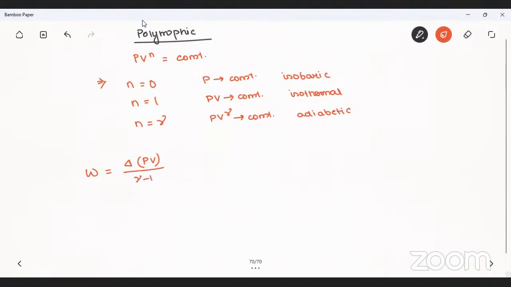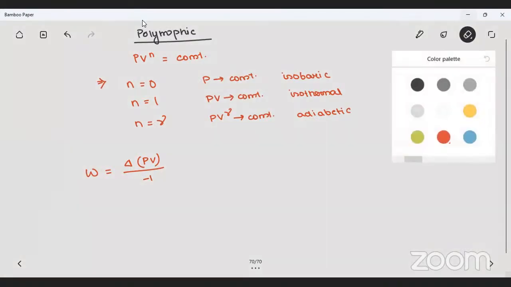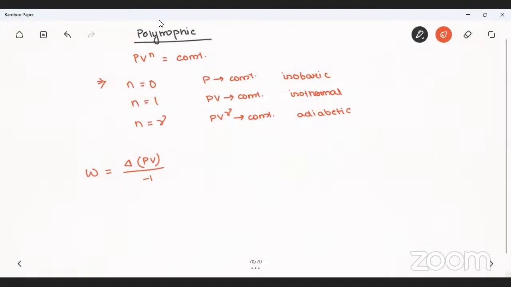That was the formula for a reversible process, but here, instead of reversible, we are calculating work done for a polytropic process. So it will be n minus 1, or we can write it like nRΔT divided by n minus 1. But remember, n cannot be 1.